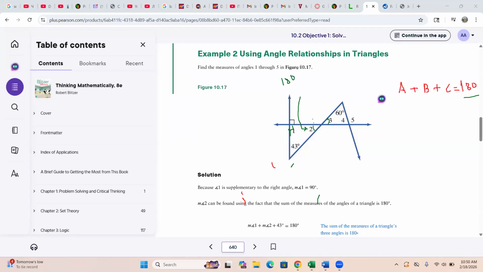So if I subtract 90 from 180, it'd be 90 remaining, and if I subtract 43 as well, it'd give me 47, right?